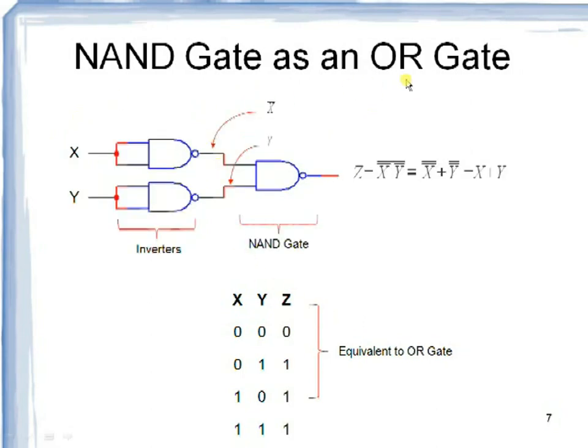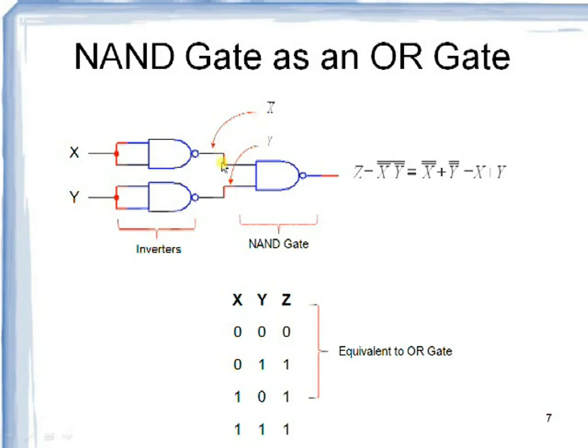Now let us implement an OR gate with the help of NAND gates. We know that the output of an OR gate is X plus Y. Initially I have taken two NAND gates, where one NAND gate receives the input X and the other NAND gate receives the input Y. These two are inverters, therefore the outputs of these two inverters would be X bar and Y bar.